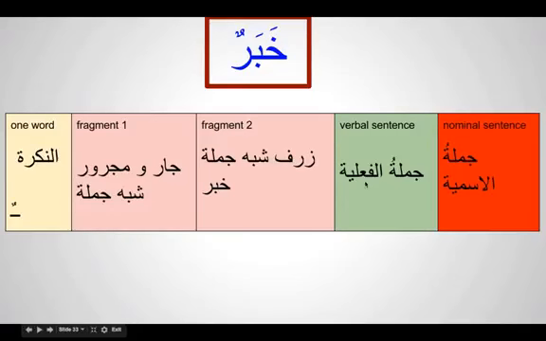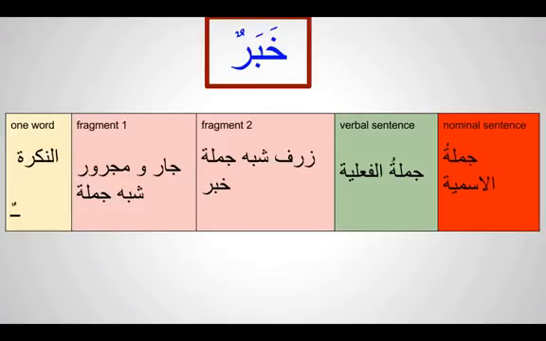And in the previous example, we learned that a khabar can be the whole verbal sentence, Jumlatul Fi'liya, like Ahmadu dhahaba ila al-jami'a. Ahmad went to university. In English, both ways are translated the same. If you say Ahmadu dhahaba ila al-jami'a, we say Ahmad went to university.